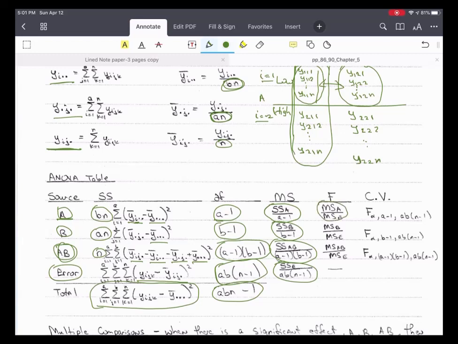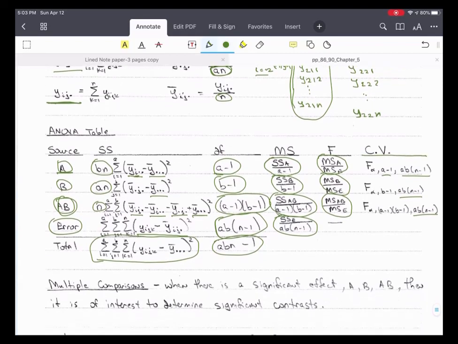And again, because it's fixed, we're taking MSB divided by MSE and MSAB divided by MSE. Remember, if A is fixed and B is fixed, then AB has to be fixed. And here are the distributions. We take the F distribution with alpha, and we have the degrees of freedom in the numerator, and degrees of freedom in the denominator, which is always the degrees of freedom of error.